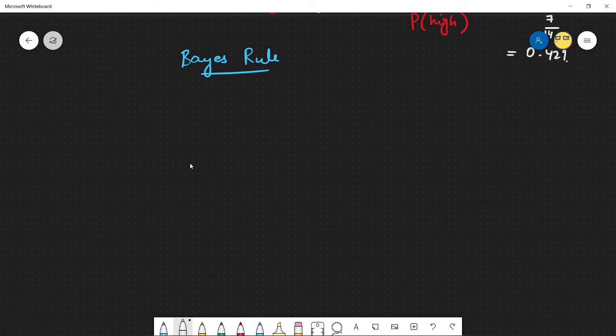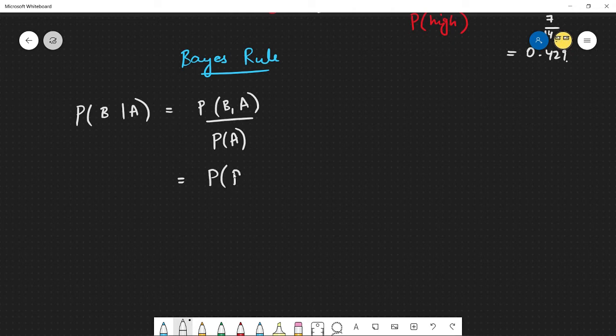So we know right now that the probability of, let's say, B given A is the probability of B and A divided by the probability of A, so the marginal probability of A. Well, with joint probabilities, it doesn't really matter what comes first. You're basically combining the two probabilities together. So I could rewrite this as the probability of A and B divided by the probability of A.